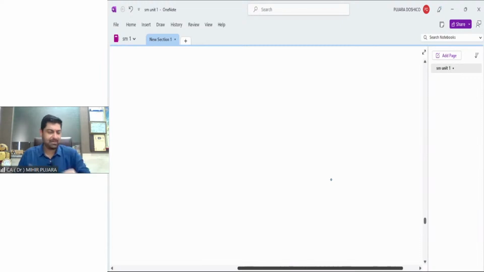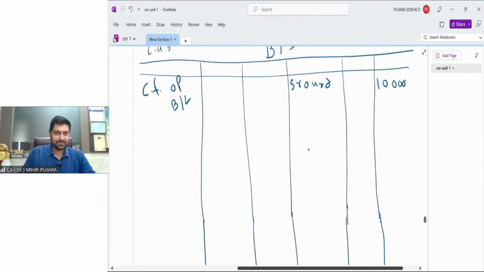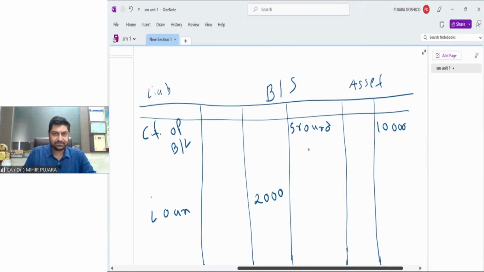So it will be part of both the balance sheets, current year as well as previous year.